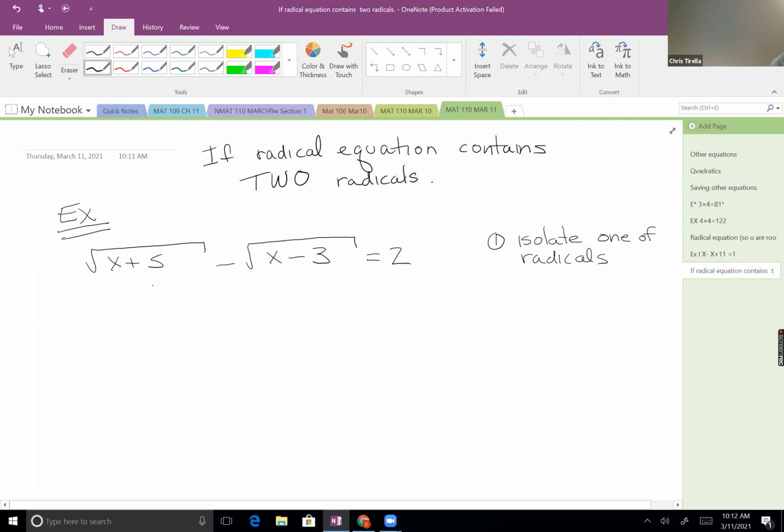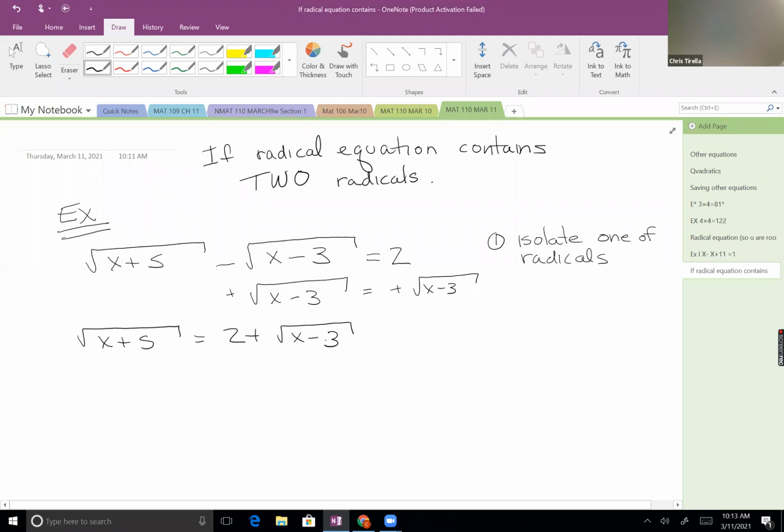So being over here, the first one's positive. Let me add that second radical to both sides. And that gives me the square root of x plus 5 is equal to 2 plus the square root of x minus 3.